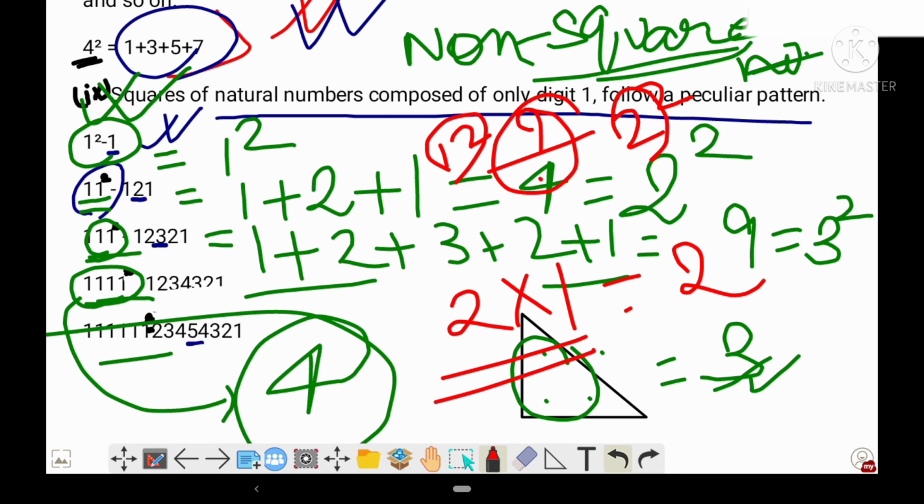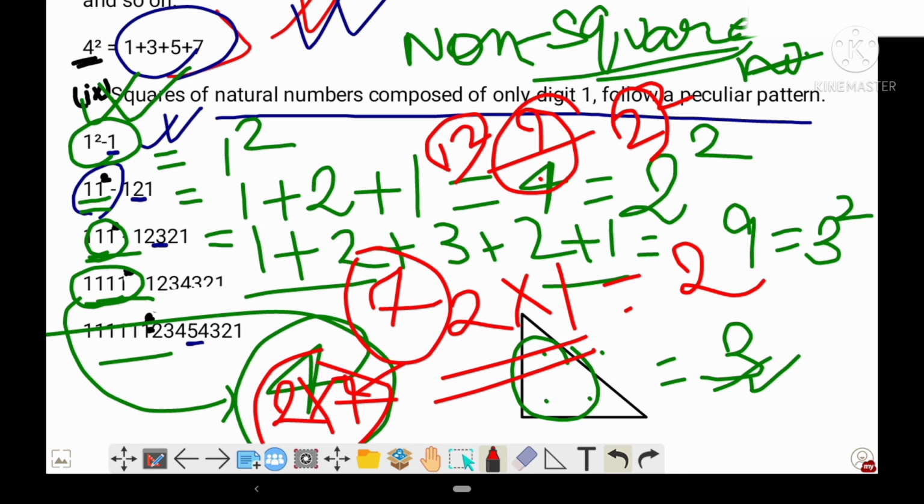Okay, for example 5 and 6. Here it has been given 2 into 5. So of course it is 2 into 5, the first number is 5, so it has been multiplied by 5. And if you were given 7, then you multiply 2 into 7, and you will get the non-square numbers between 7 and 8. So that was all.